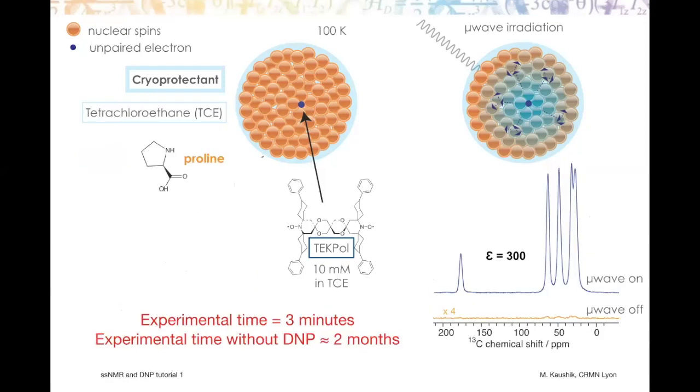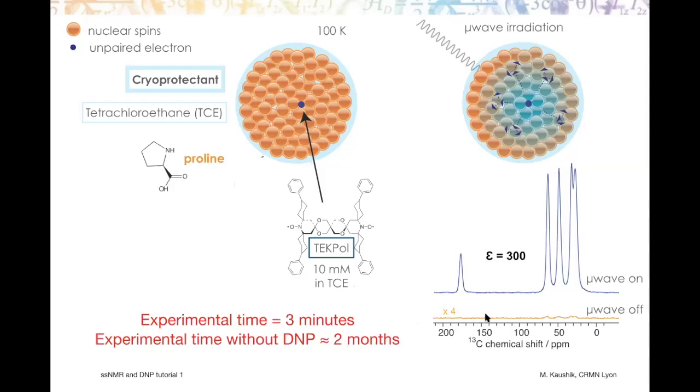As an example, let's take a look at a MAS DNP experiment where we polarized proline with TACpol biradical as the polarizing agent in organic TCE.